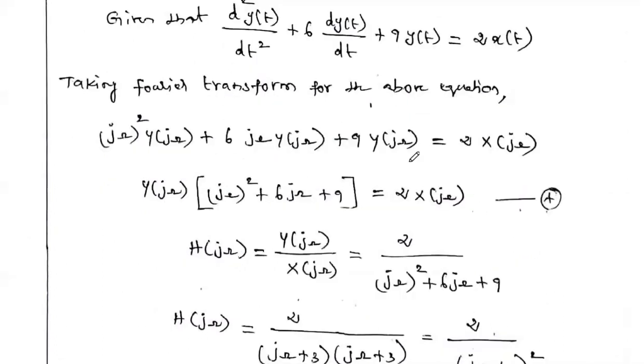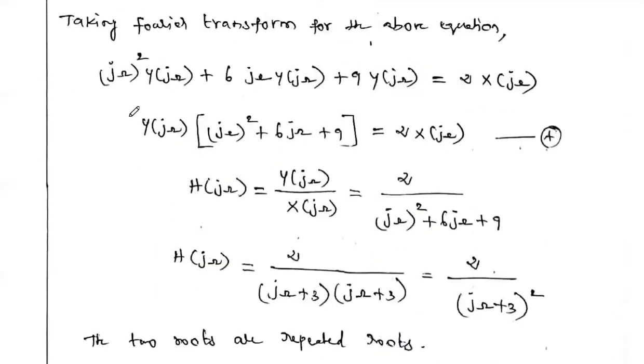On the left side, all terms have capital Y of j omega, so we take it as common: j omega squared plus 6 j omega plus 9, which is equal to 2 into X of j omega.